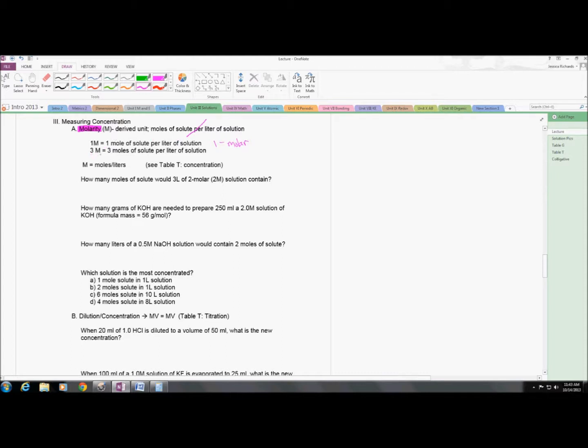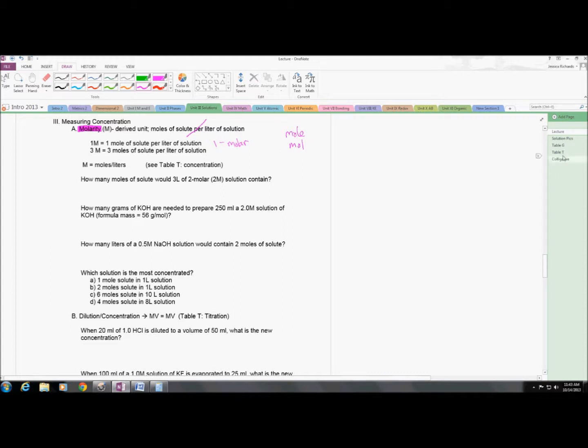If it's 3 capital M, that means you have 3 moles of solute per every liter of solution. 3 moles of solute, more pieces, means that this 3 molar is more concentrated than the 1 molar one. And again, molar and molarity are the same measurement. Moles, either M-O-L or M-O-L-E, are the same thing, and that's a different amount.